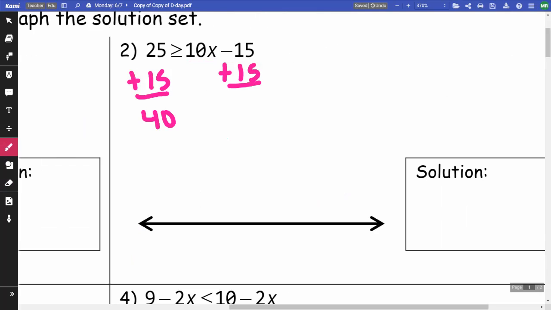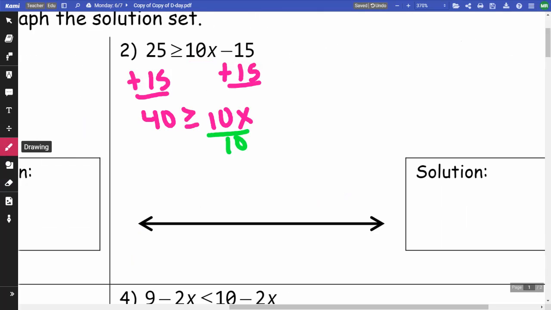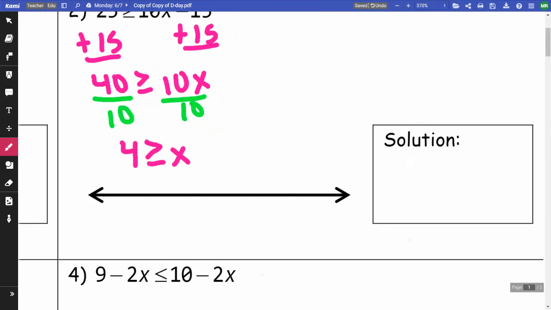I'm going to get 40 is greater than or equal to 10x. I'm going to divide by 10, and that does not switch the direction of my inequality. So I'm going to have 4 is greater than or equal to x. So you can write your answer one of 2 ways.